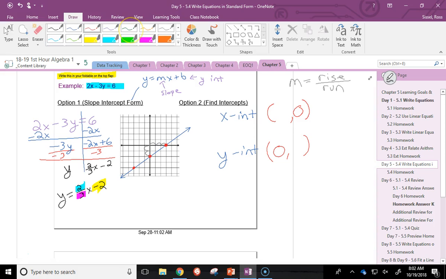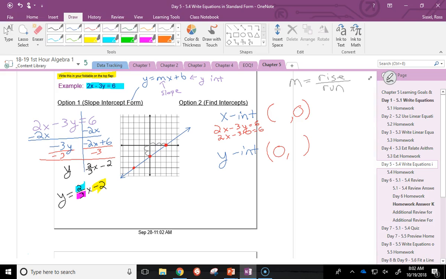To find my x-intercept, I just take this equation, 2x minus 3y equals 6, and I set my y to 0. So 2x minus 3 times 0 equals 6. Let's switch colors so we can see what we're doing.